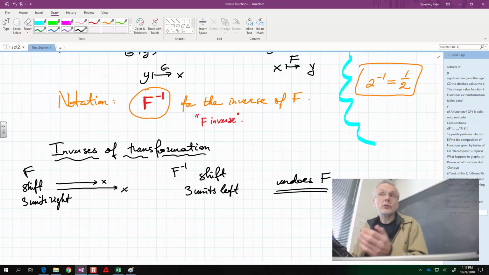Well, I shift once, and then I carry out another operation consecutively. I shift to the left. First operation, transformation, shift to the right. Second, shift to the left. I execute them consecutively, and we call this what?